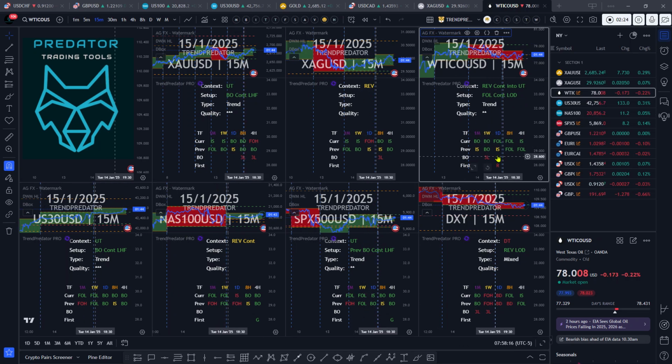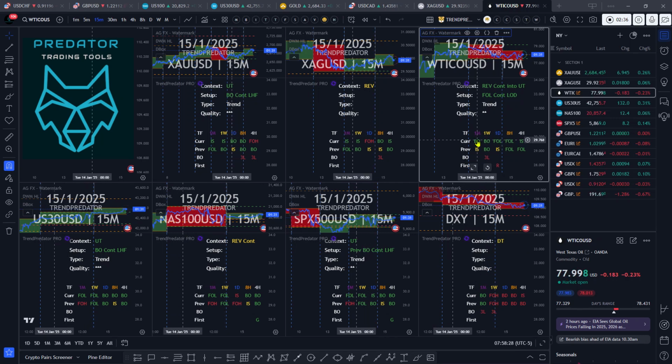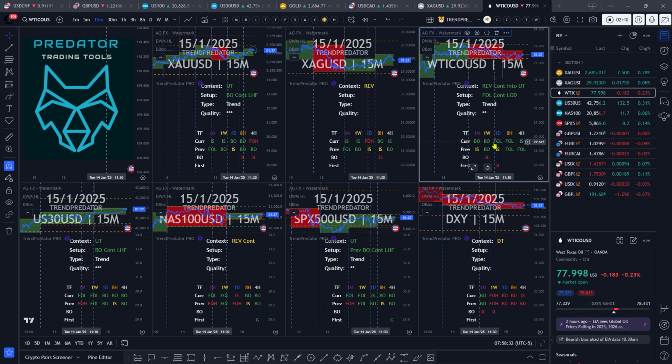So oil, as you can see, we've got the daily and weekly chart aligned. Breakout and fake out low, which is a bullish alignment. It's also backed up by the breakout on the monthly chart. But a confluence of the weekly and daily is good enough for me. And that is telling me that the market is trending within a month and is trending on the day and the week.